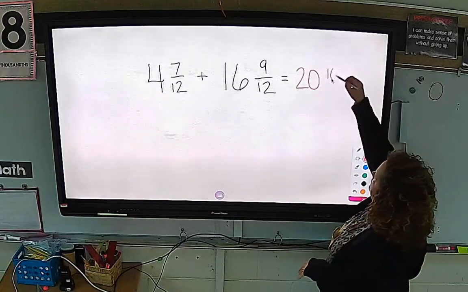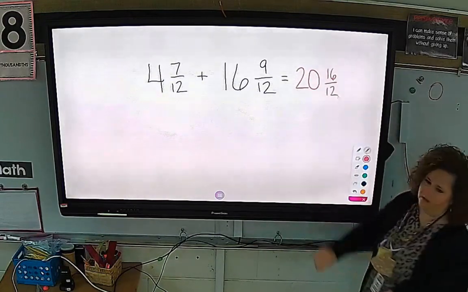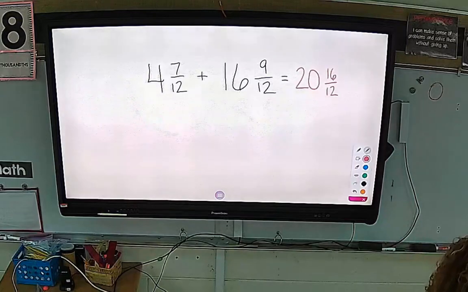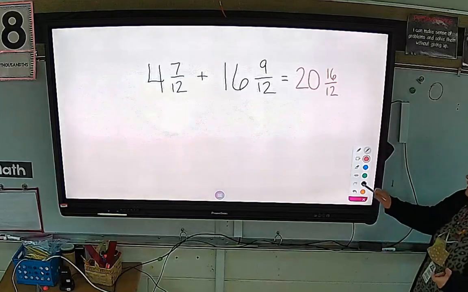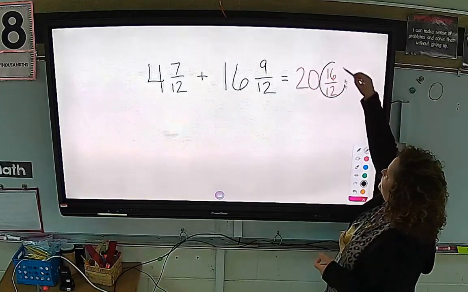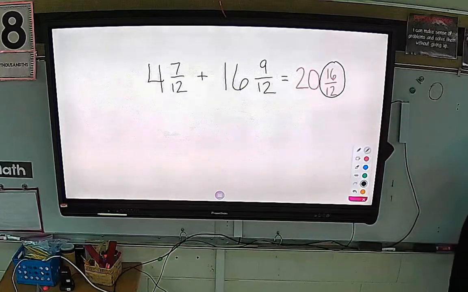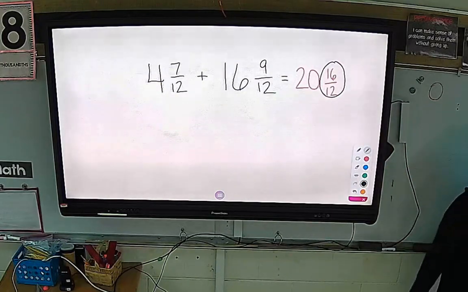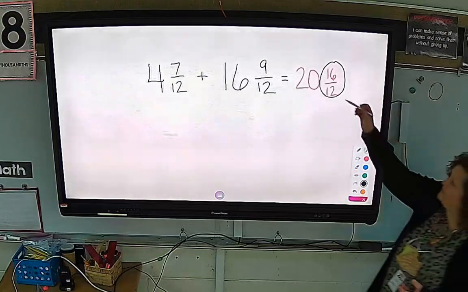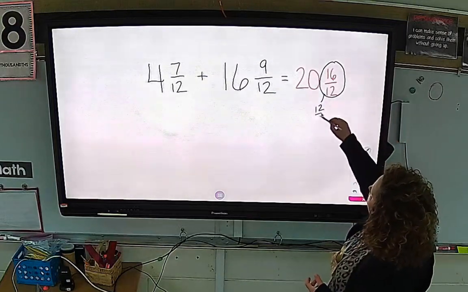16/12. And you're probably starting to learn to catch that. Oh, yeah, boom, it's too big. Okay. There is an extra step here. You are going to have to do that number bond right here. What are you going to pull out first? One whole, which is what in this? 12/12. That's one whole.